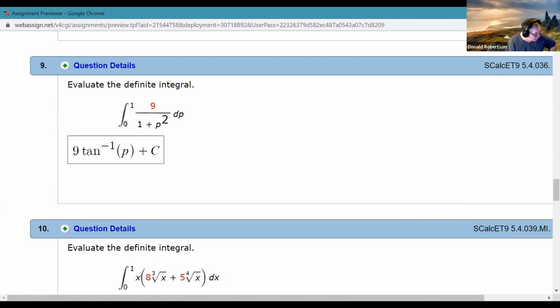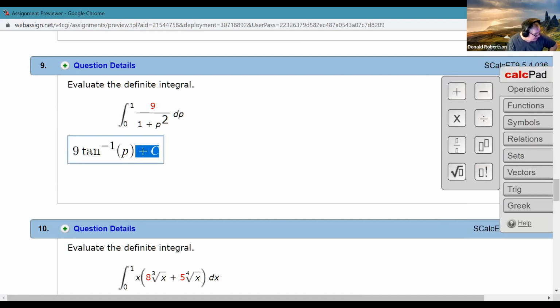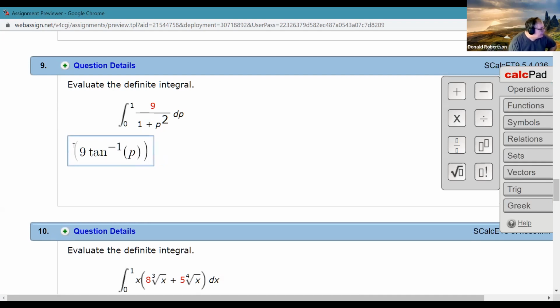Since it has a 0 and a 1 in it, that disappears. And what we do then is we evaluate that at 1, take away, we evaluate that at 0.